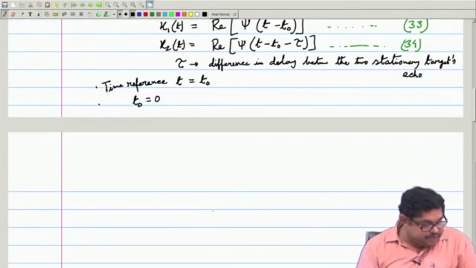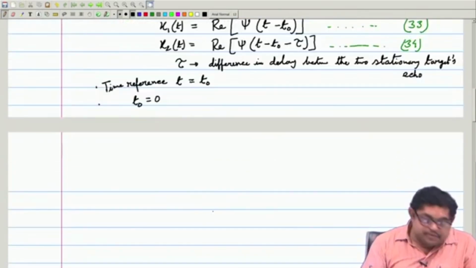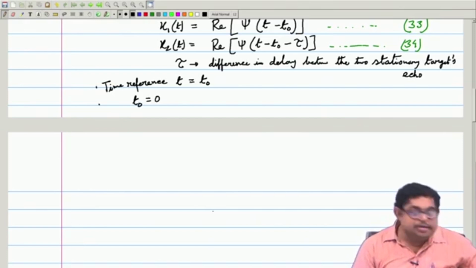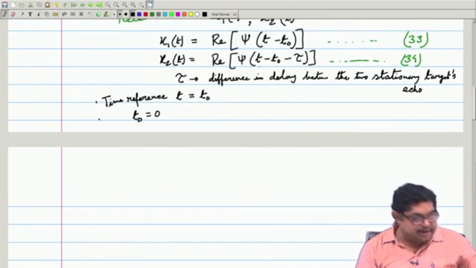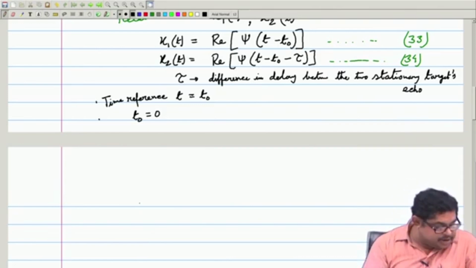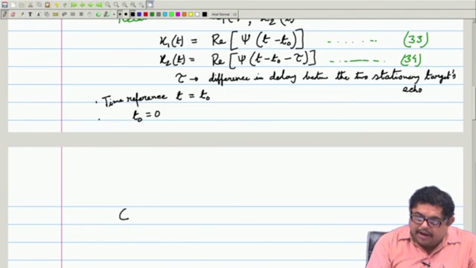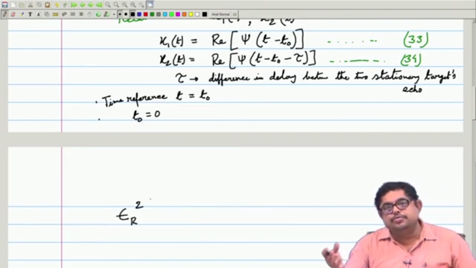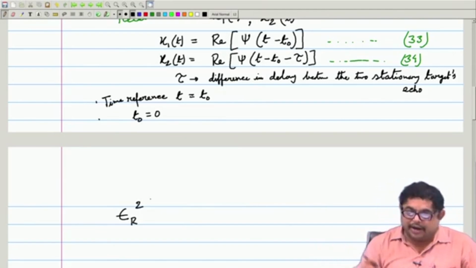square error. Actually, we have seen that the two echoes have pre-envelopes like this. Actually, the radar will process those complex envelopes. So, let us form the square error, because x 1 or x 2, any one may be at greater range.